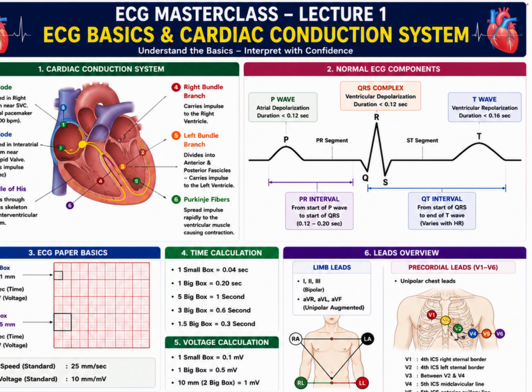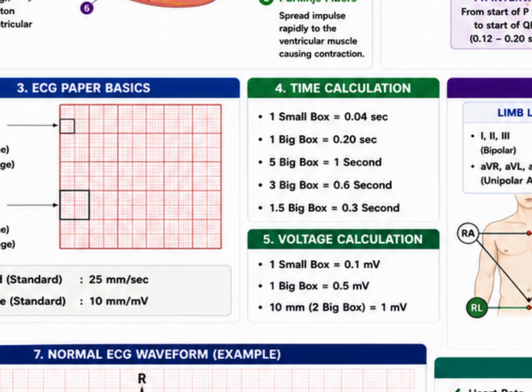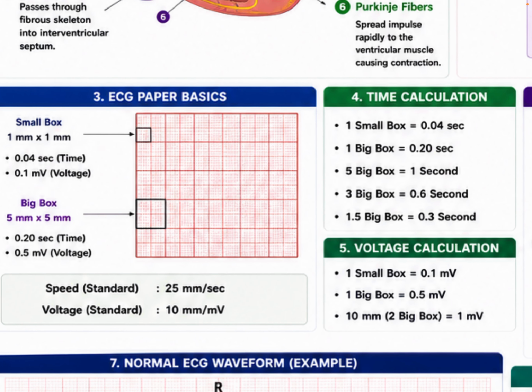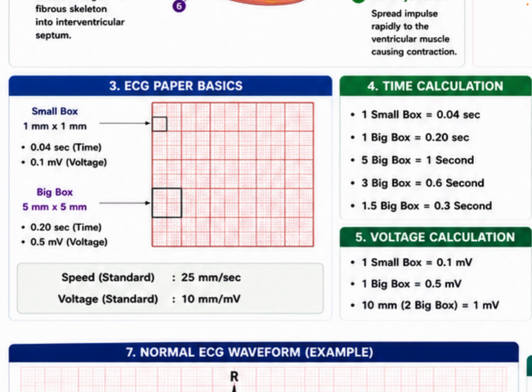Now come to the ECG paper. Before interpreting the ECG, we must understand the paper. One small square is equal to 1 mm and represents 0.04 second. One large square is equal to 5 small squares and represents 0.2 second, and 5 large squares equal 1 second.